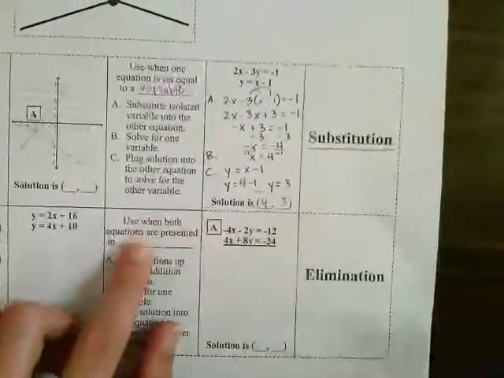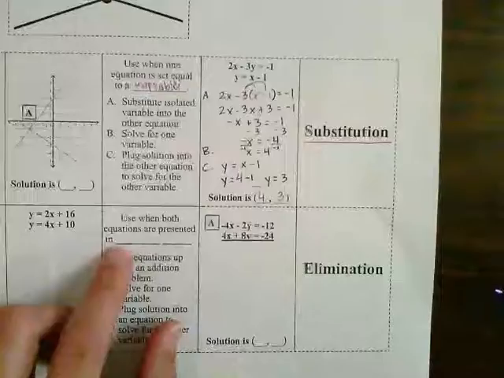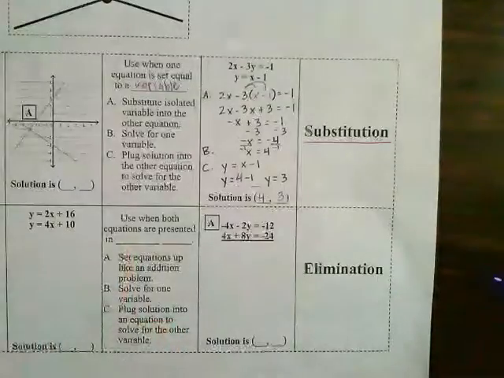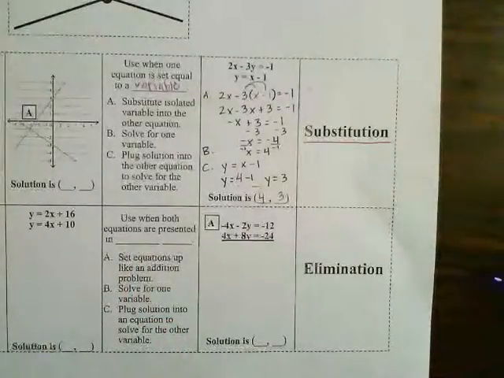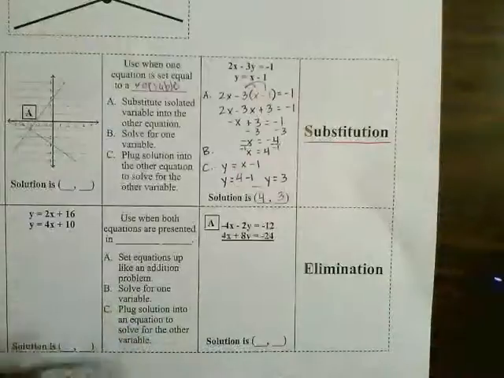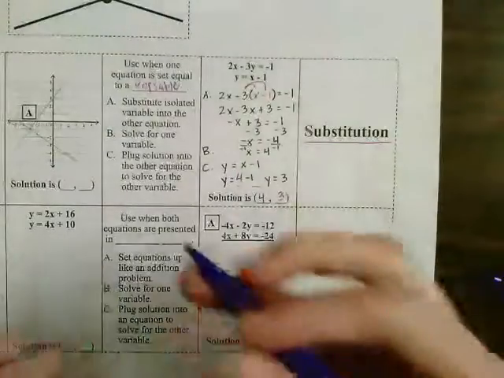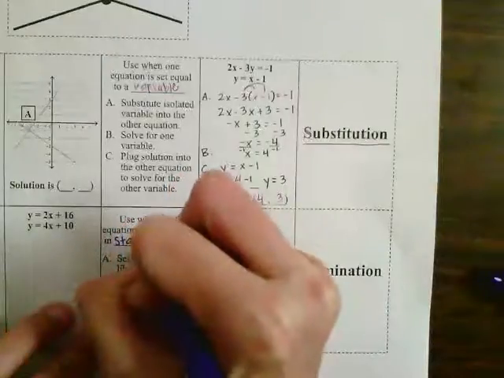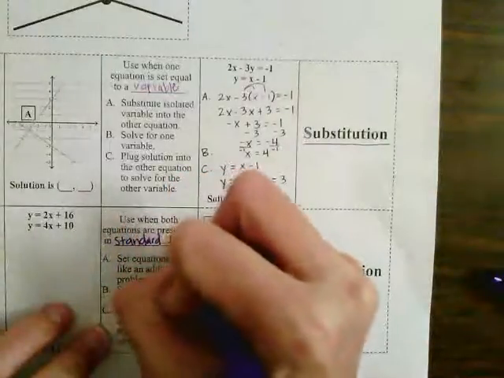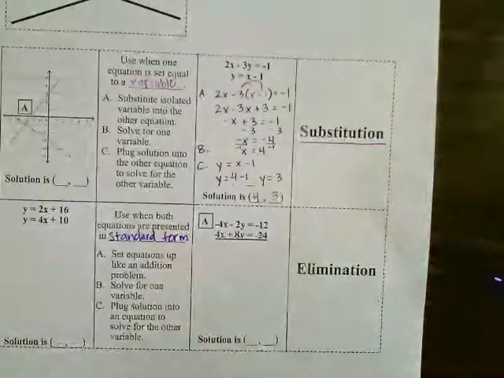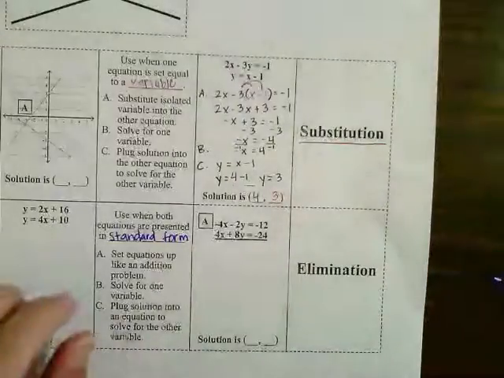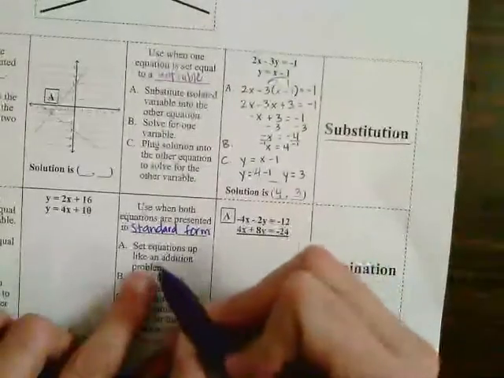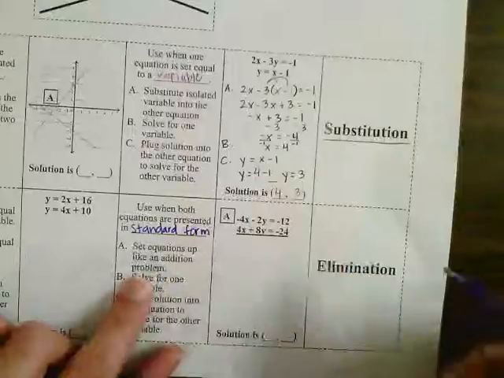So this next one, elimination. Use when both equations are presented in standard form. Now, like I said earlier, you can use it for both of them. So we've got standard form. And then you set the equations up like an addition problem.